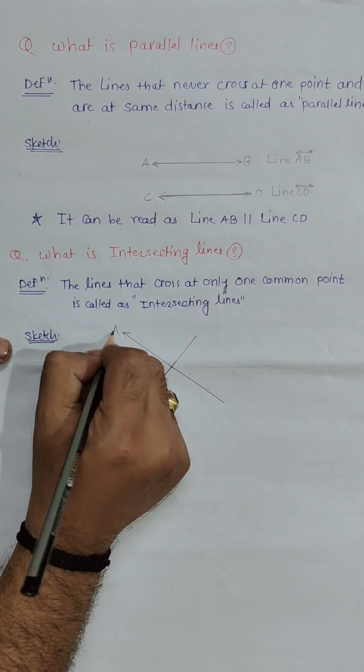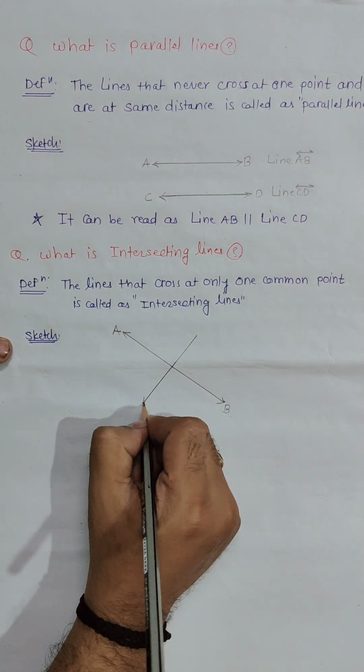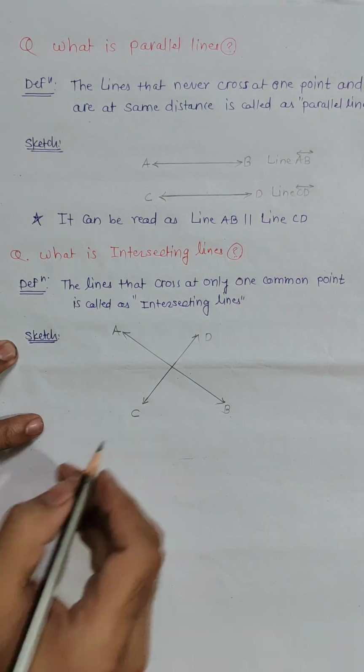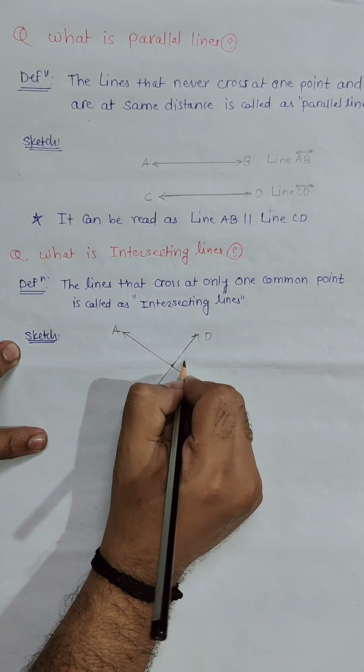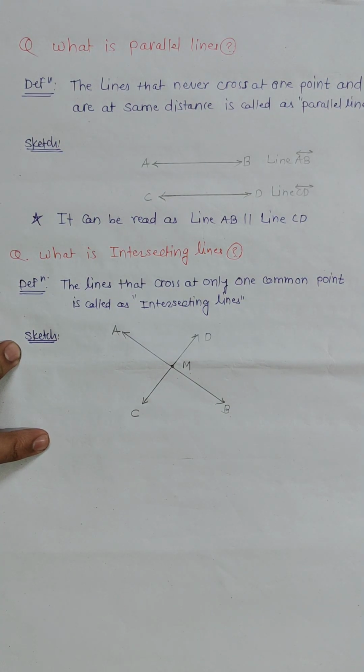Name the first line AB and the second line CD. Here you got one common point. The common point M is called the point of intersection.